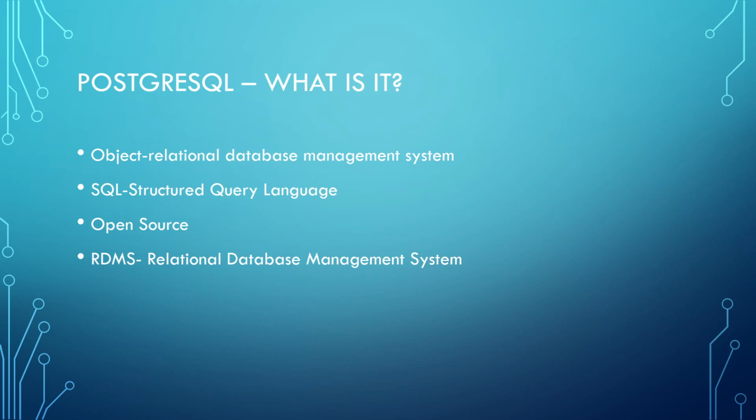PostgreSQL, also known as Postgres, is an object relational database management system, which implements SQL querying languages. SQL stands for Structured Query Language, and it's a programming language used to manage data stored in relations, which are more commonly known as tables.